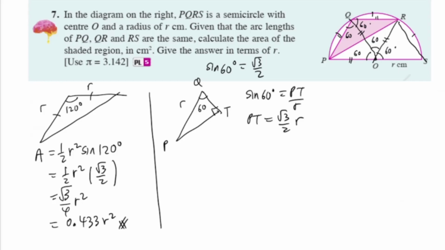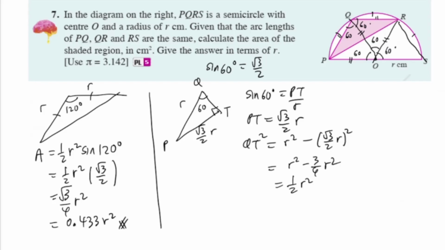Pythagoras means I use sec 3/2r here. Let's say I use QT. QT will be r squared minus sec 3/2r squared. This is QT squared. So r squared minus 3/4 r squared is 1/4 r squared, but when you square root, you should get half r.